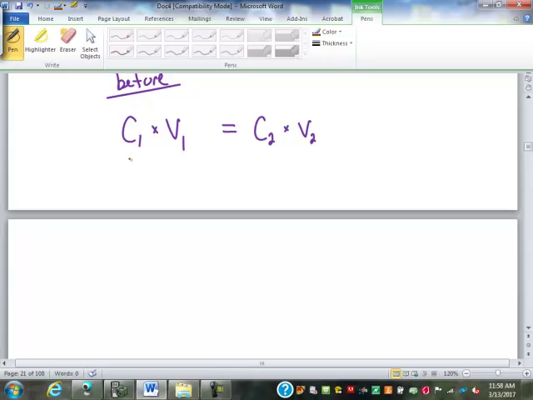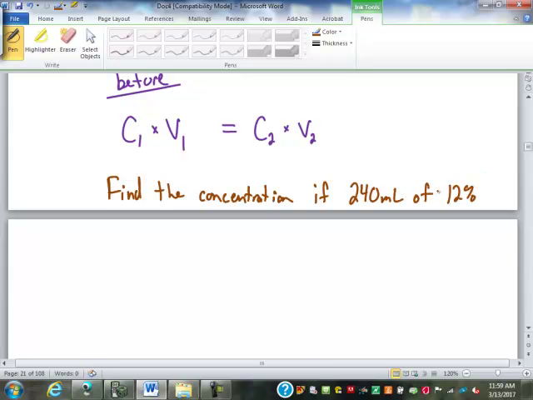So let's say, find the concentration if 240 milliliters of 12% solution is diluted to 960 milliliters.